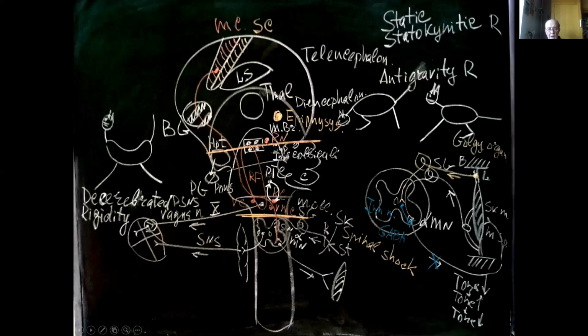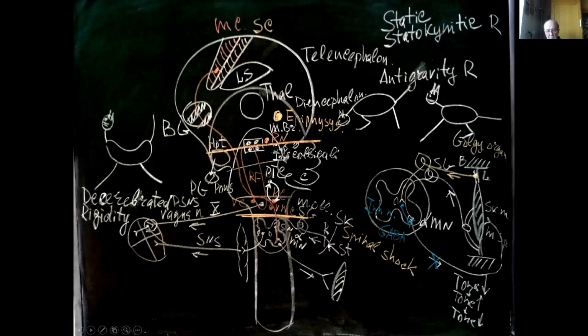Above the diencephalon is the telencephalon. It consists of the cerebral cortex. You see only two examples of the cerebral cortex. This is the sensory cortex in the postcentral gyrus. There is a lot of localization of the sensory cortex in the hemispheres, but in this picture we see only the sensitive cortex.